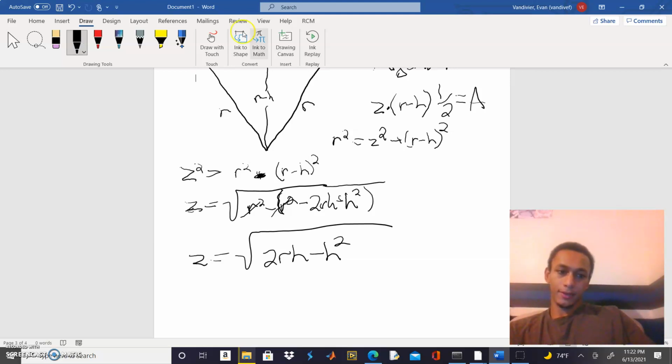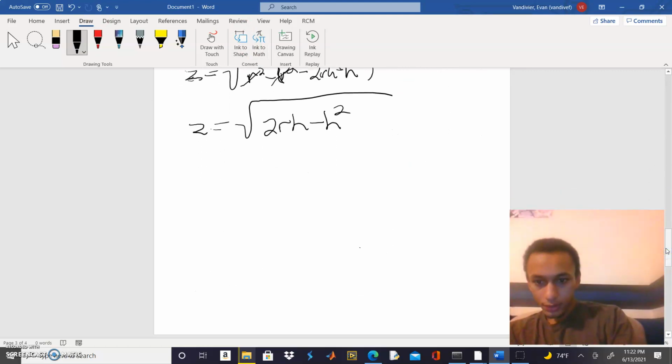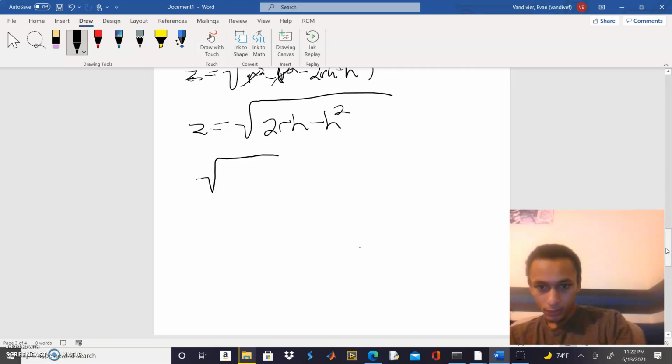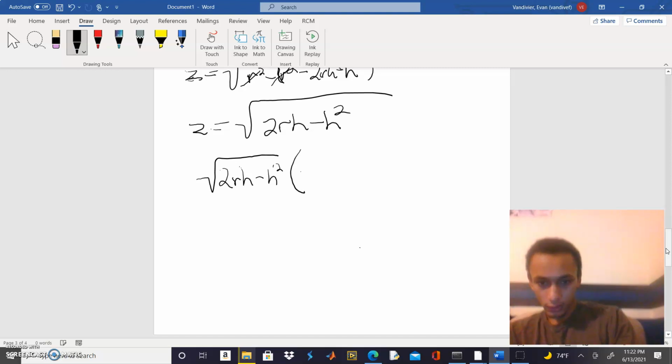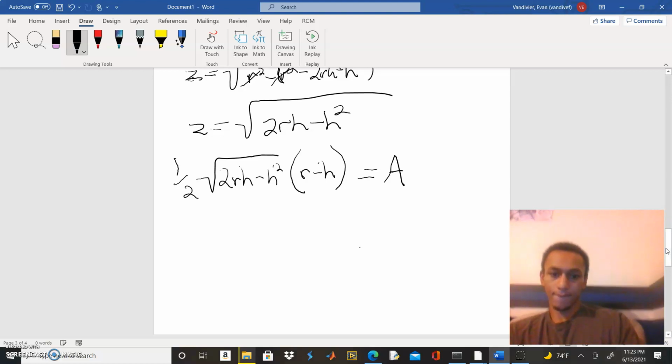Now that we have that, we can plug it in for substitution of z. So you'll get the square root of 2rh minus h squared, times r minus h, and then half, equal to the area of the triangle.